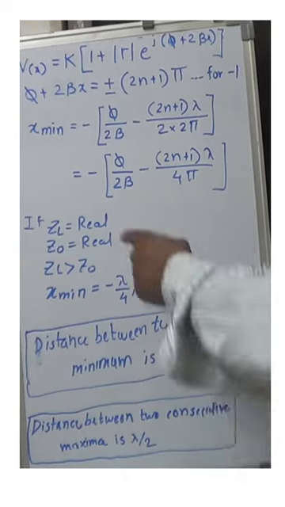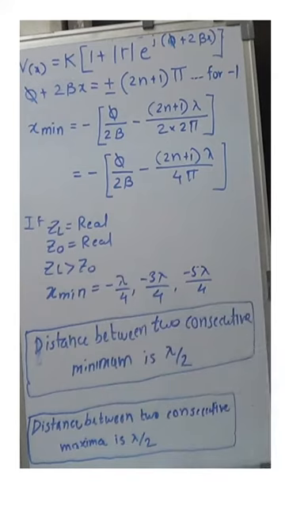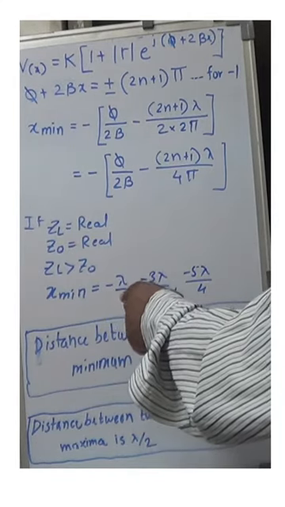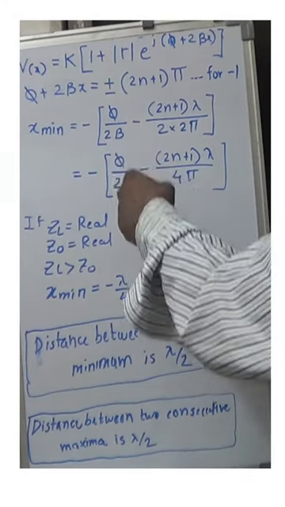If this is the condition as the previous one, ZL is real, Z0 is real, and ZL is greater than Z0, then X minimum is equal to minus lambda by 4, minus 3 lambda by 4, minus 5 lambda by 4.